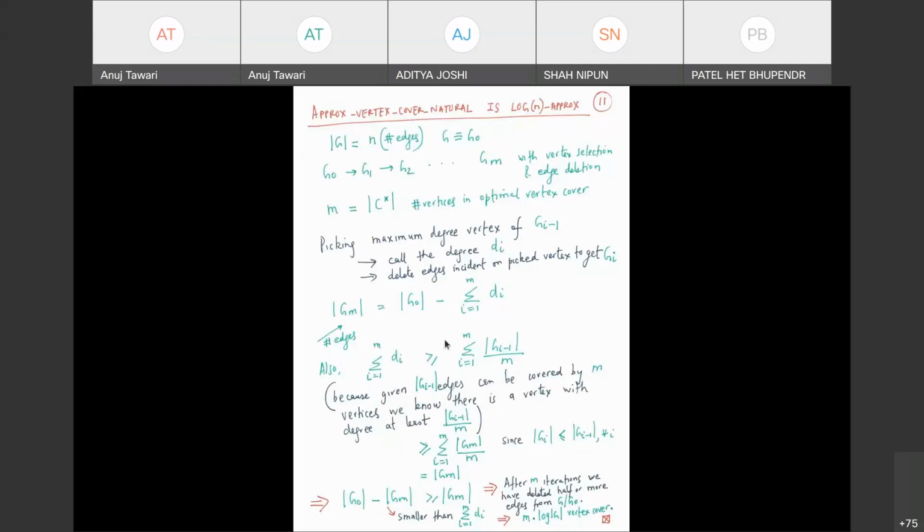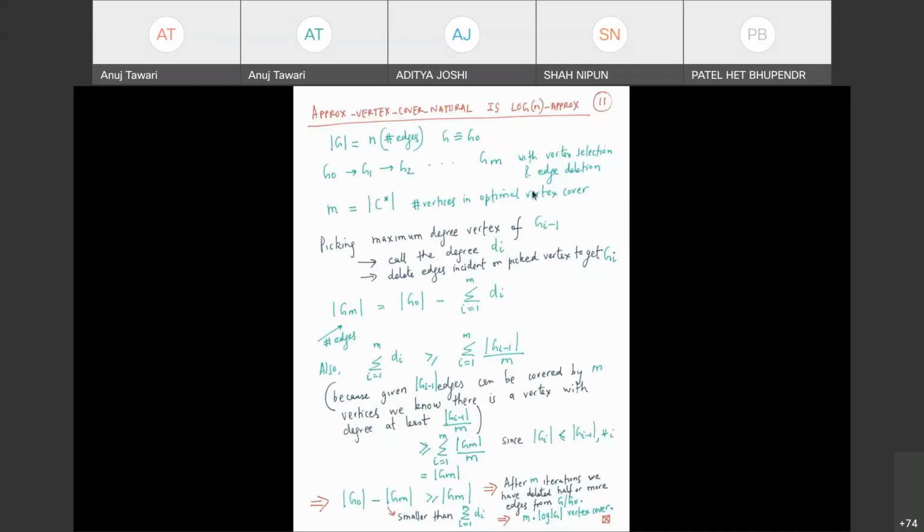Now, how do you prove a lower bound in terms of the Gis? So now we have to use some property of our graph to get some kind of lower bound on this summation of Dis.